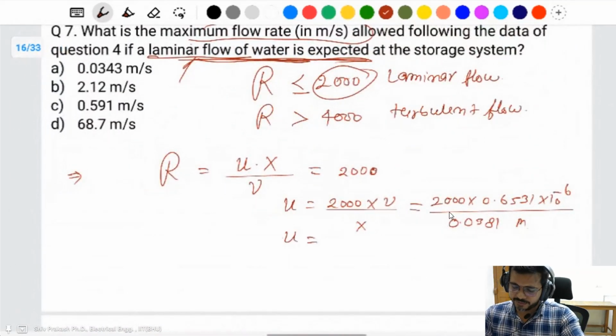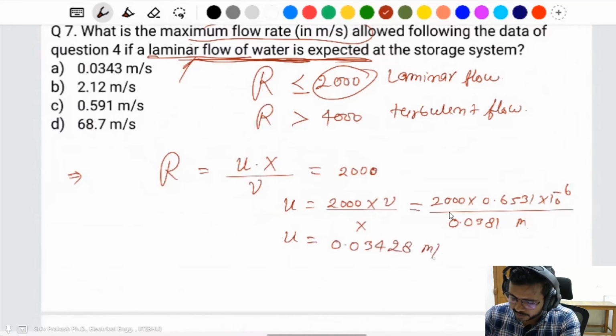Then what will be the velocity? You get 2000 into 0.6531, and the velocity is 0.03428 meter per second.